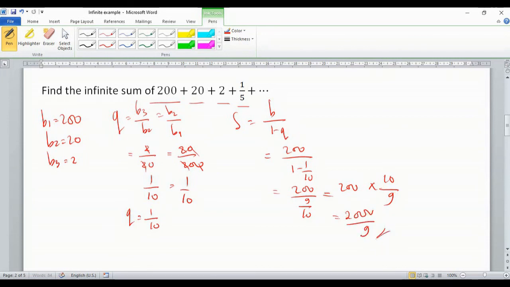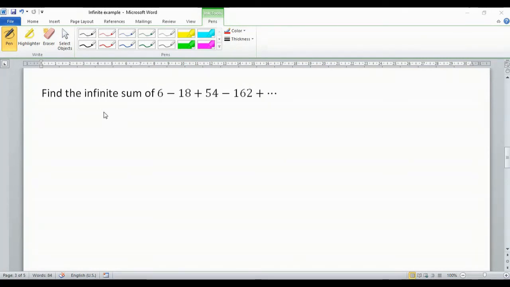Okay, that's enough. Find the infinite sum of 6 minus 18 plus 54 minus 162 plus dot dot dot. Okay, from here we get b1 is 6, b2 is minus 18, and b3 is 54. Now we will find the ratio first.